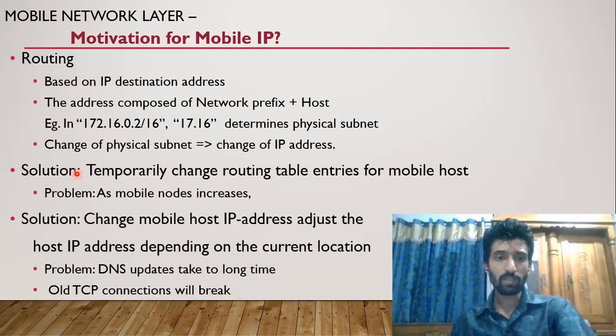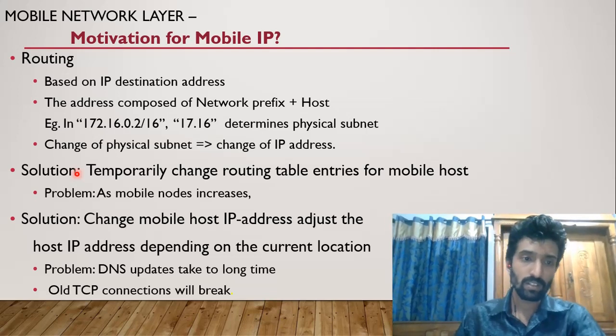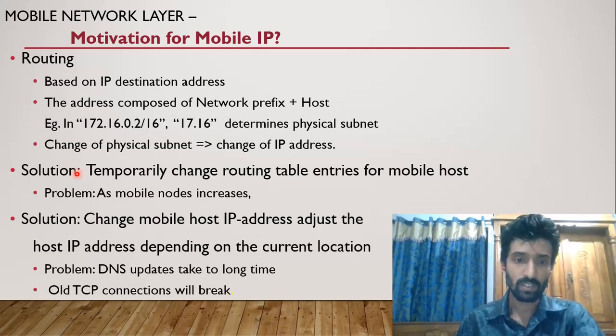The problem here is that the default routing for the device will be redirected to one network, but the moment the device resides in another network, we need to explicitly change the routing table entries every time the mobile host is moving from one network to another. So this method is practically highly infeasible, because whenever the number of mobile nodes increases, the frequency with which the routing table entries have to be changed will be very high. So that is not a practical solution.